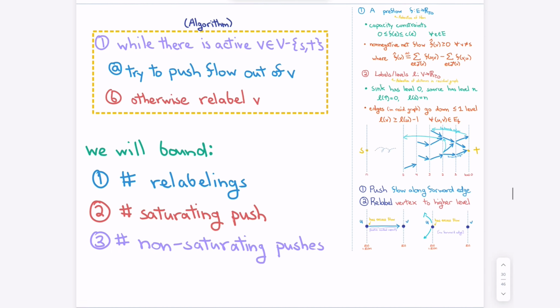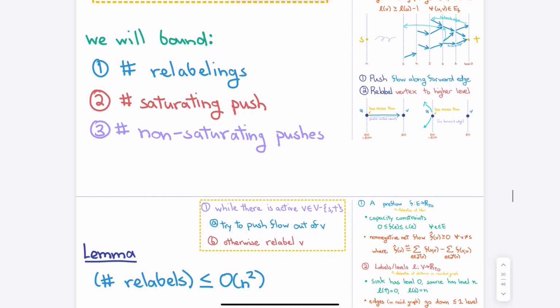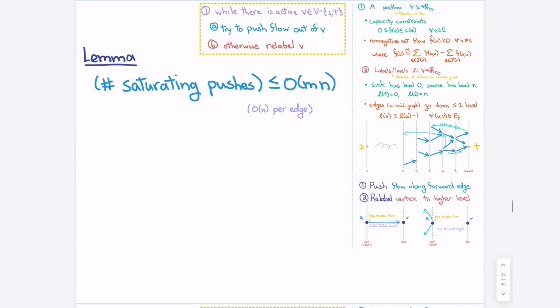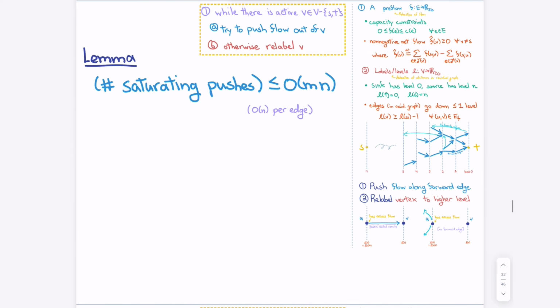Okay, so that's our approach. So this we already know. The number of relabels is at most n squared. This is again because each vertex can only jump up 2n times. That we've established. Now, the question is, what is the number of saturating pushes?